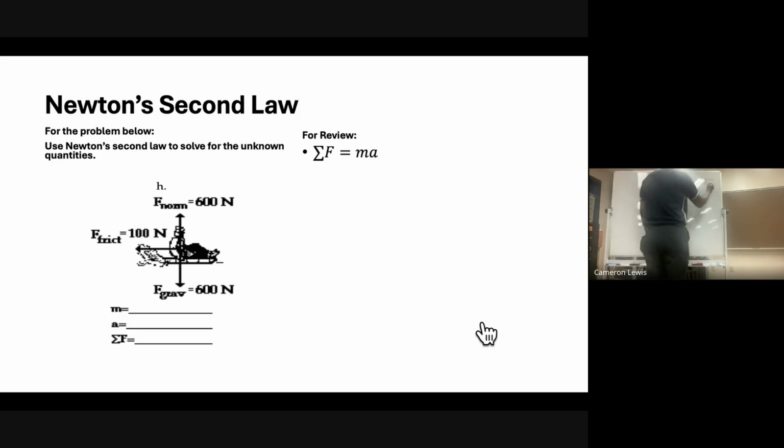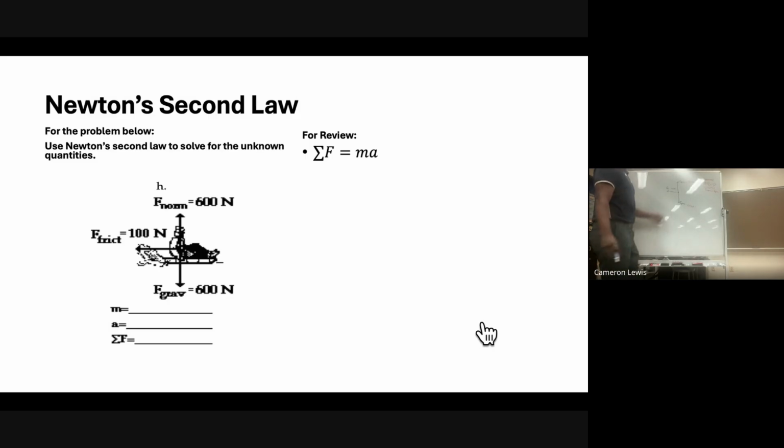So I usually write it like this: up is equal to down. In this case, because we're talking about the vertical, usually it could be like Fy. So that means my F norm is equal to my F gravity, which we see, right? 600 equals 600. Now, why is that important? Let's stop right here.